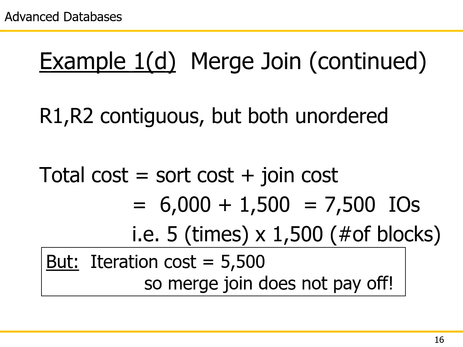It's 5 times the number of IOs to read the pages of the two relations. One of them had 1,000, the other one had 500, so it's 1,500. You multiply it by 5: 4 of them to do the sorting and 1 to do the join. So it's 5 multiplied by 1,500. Now, as I already mentioned, this is worse than the last version of iteration join, which was 5,500 IOs.